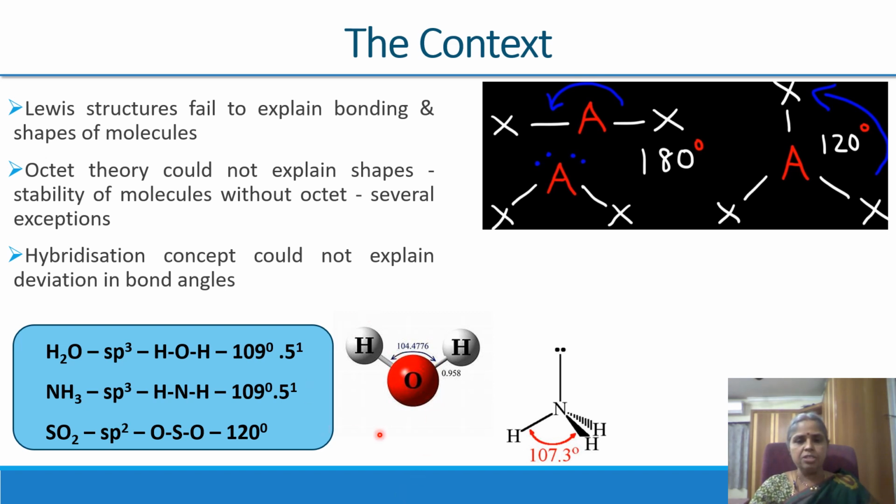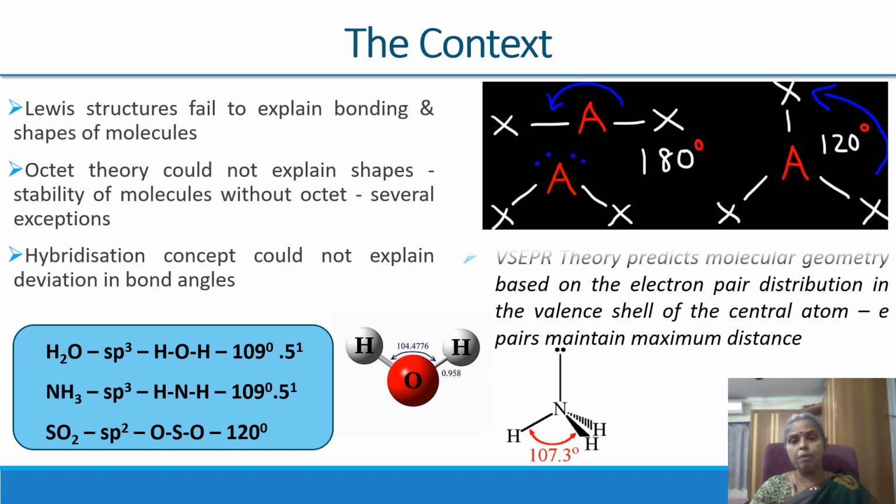It is only 104. If you see the ammonia molecule, the bond angle is only 107. If you see the SO2 molecule, it has to be sp2 hybridization, 120, but the bond angle is less than 120. So, in order to account for these anomalies, the VSEPR theory has been proposed.